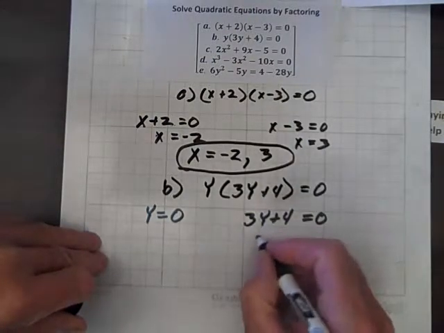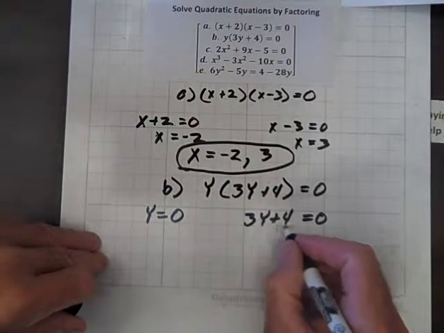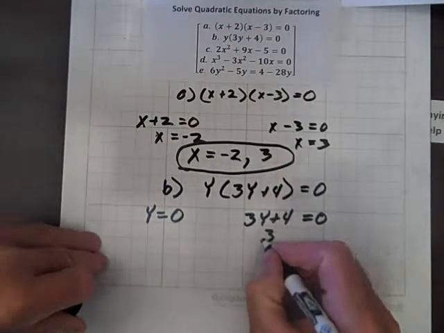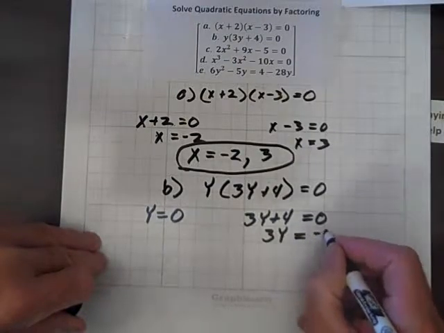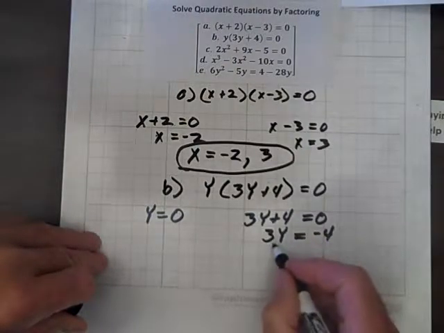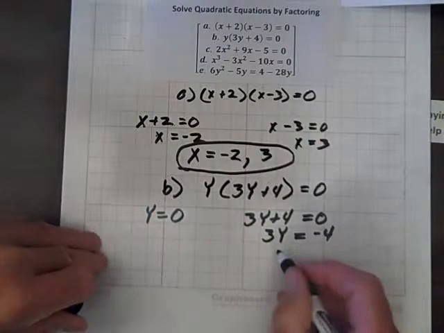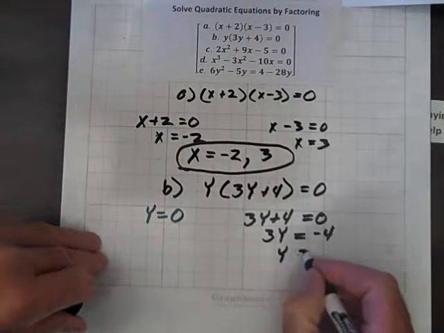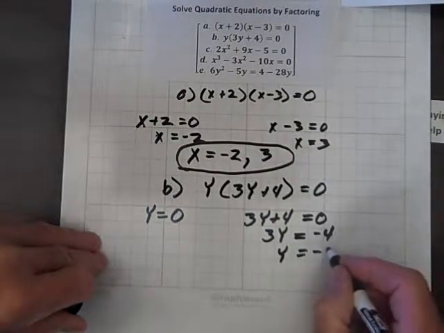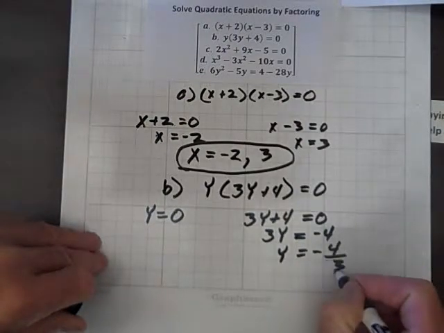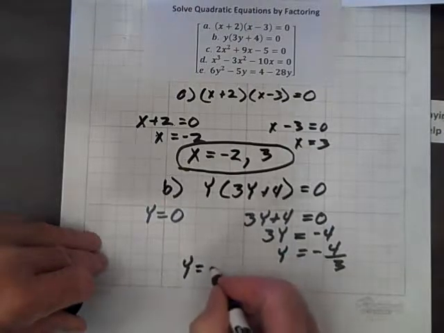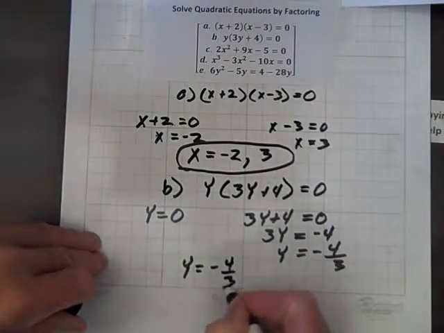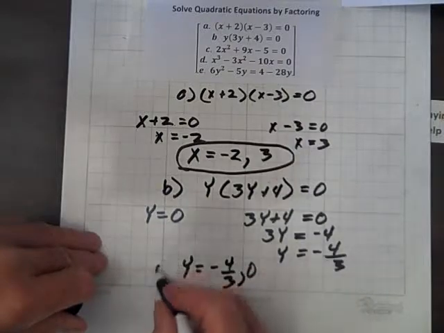To solve this one, we'll isolate the term with y in it, which is 3y, so we have to subtract 4 from both sides. And then we'll isolate y by dividing both sides by 3, and we get y equals negative 4 thirds. So our solutions are y equals negative 4 thirds or 0.